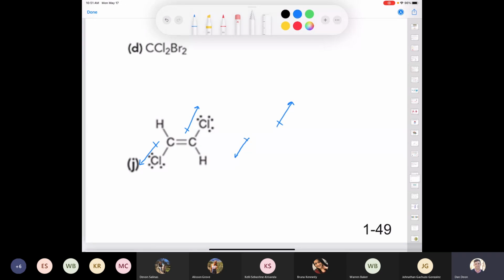What's going to happen if I try to add those two vectors together? What are they going to do? They're going to cancel each other out, right? So dipoles cancel. Therefore, nonpolar. There you go. So they cancel each other out. So this is a nonpolar molecule.